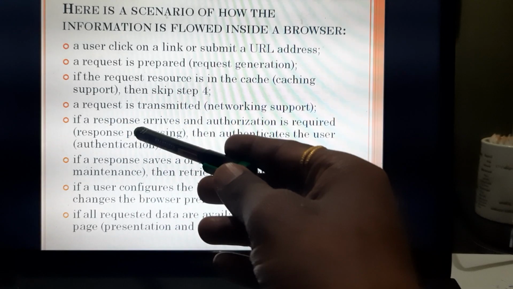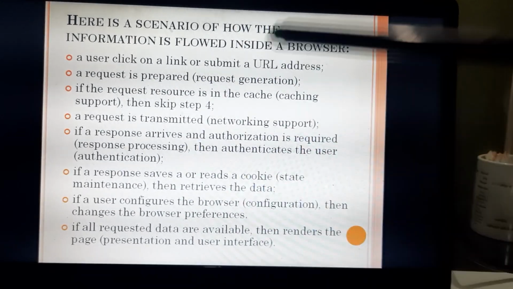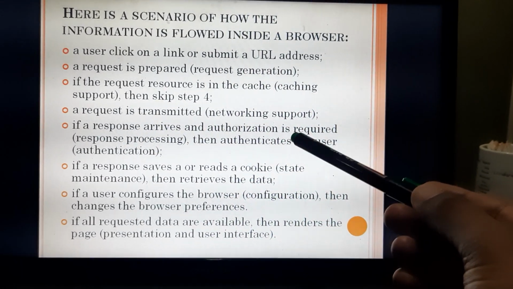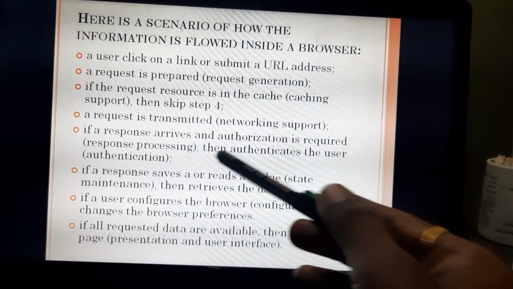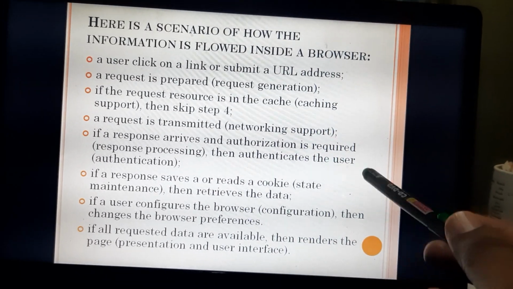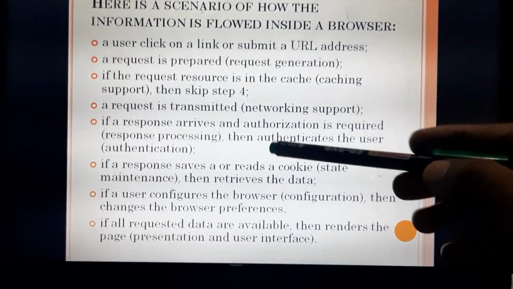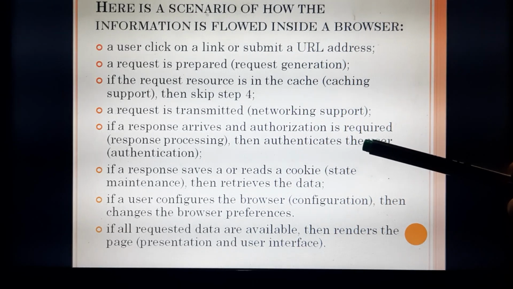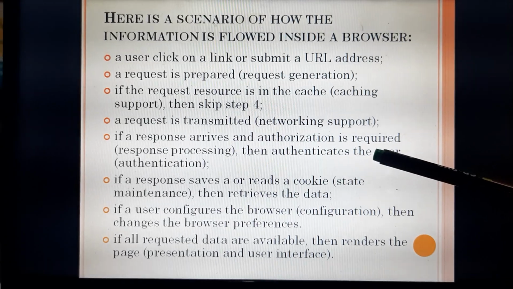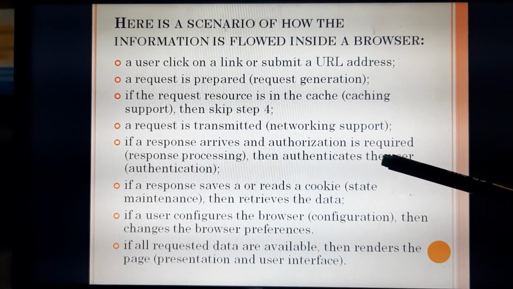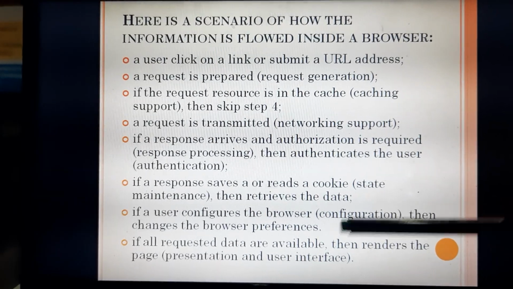If the response arrives, meaning the server gives us the response, authentication is done. If it requires authentication, then it authenticates the user. We have to identify whether the user is valid or invalid, and thereafter we can present the content to that user.